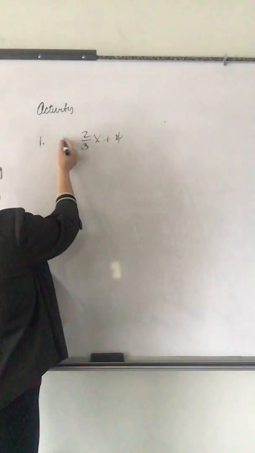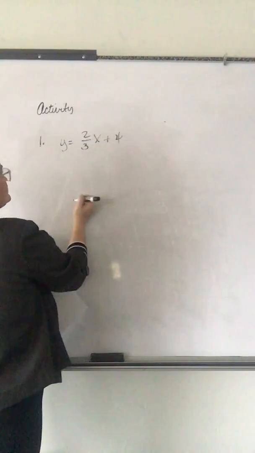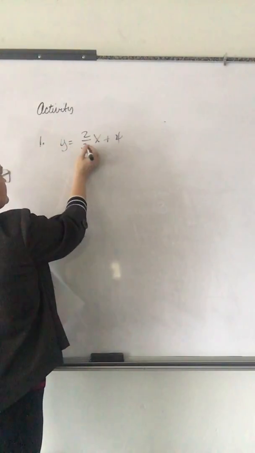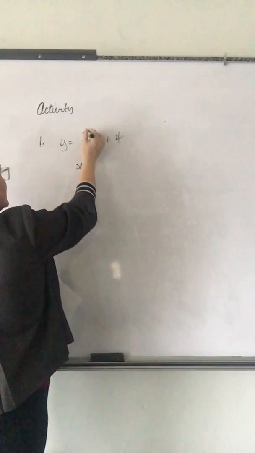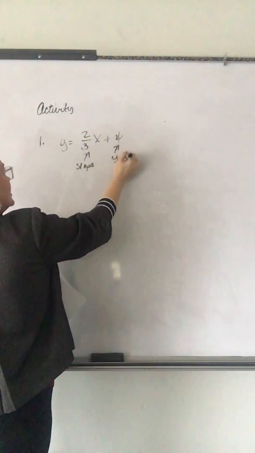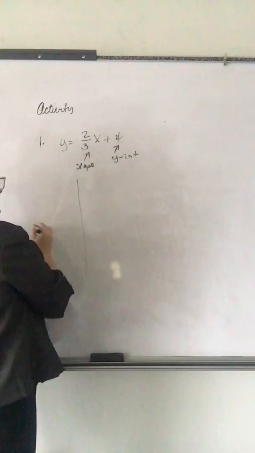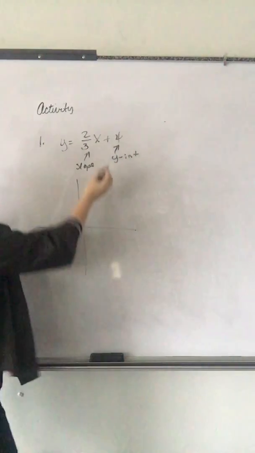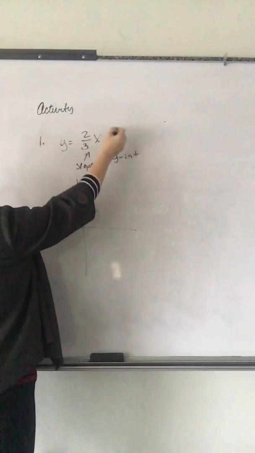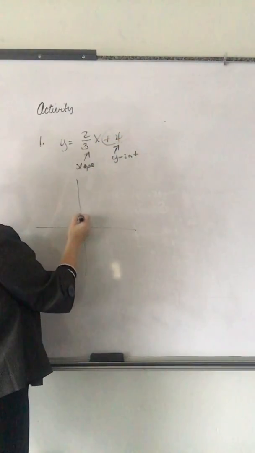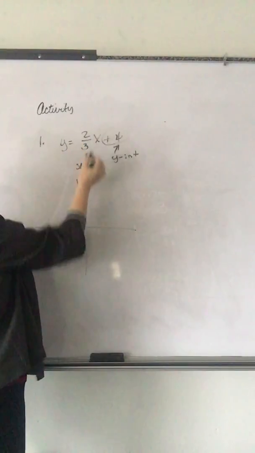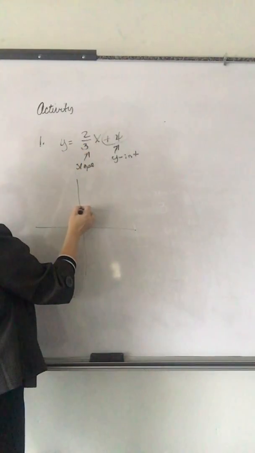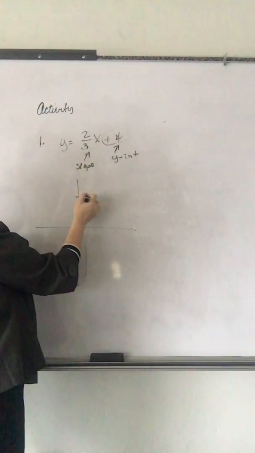If it's already solved for y, I like the slope intercept method. When you've got y equals mx plus b, that's your slope, or your rise over run, and that is your y-intercept. So I like to graph with that method. You start here, and notice it's positive 4 on your y-axis, your y-intercept, and then rise over run from this point, up 1 over 3.